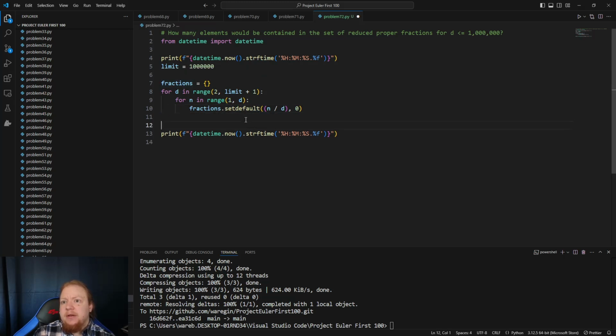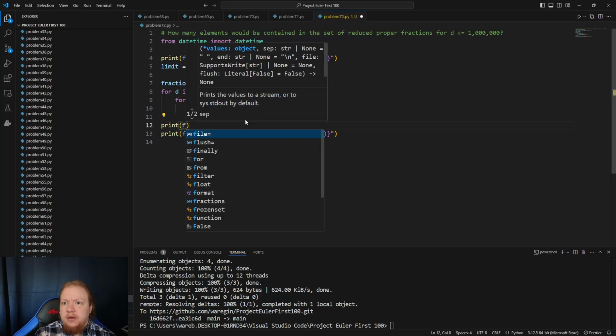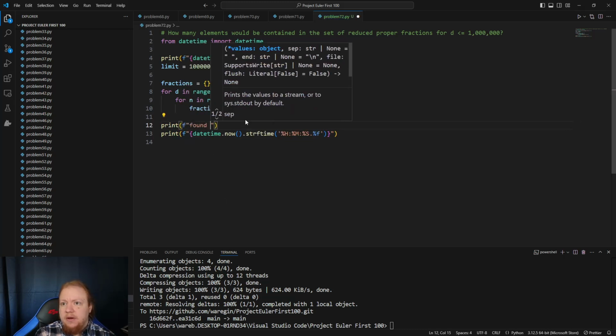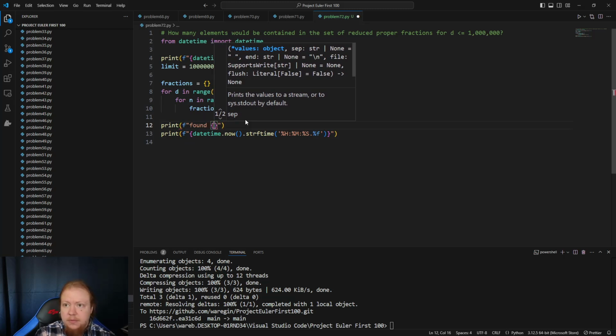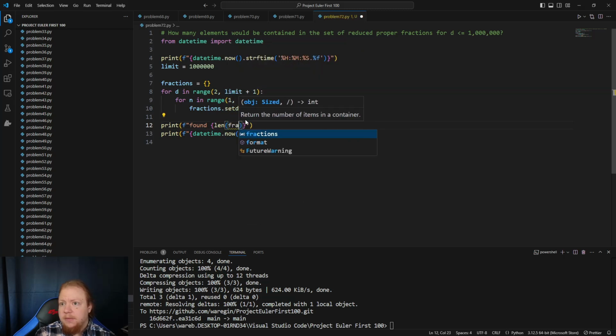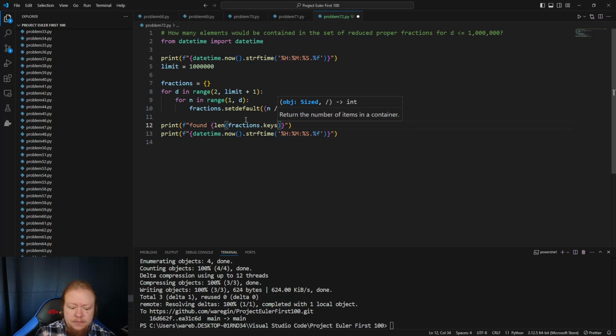Then all we would need to do is print found, length of fractions dot keys, elements in set.